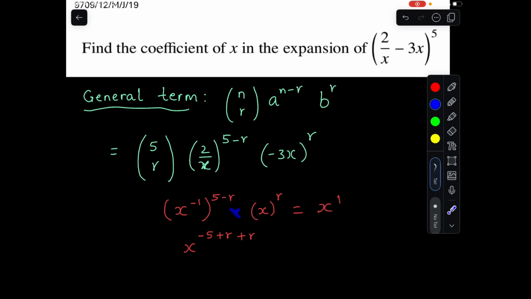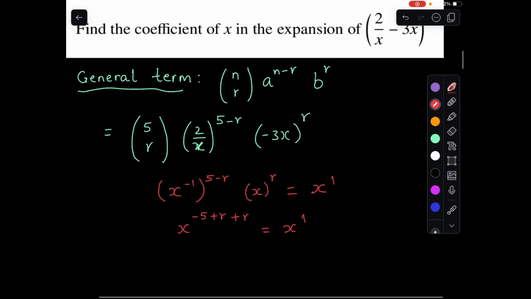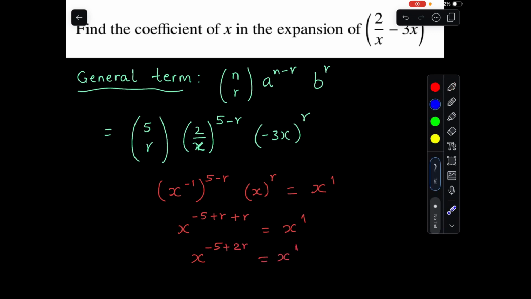When we multiply two indices, we add the exponents. So that gives me x to the power of minus 5 plus 2r is equal to x to the power of 1.